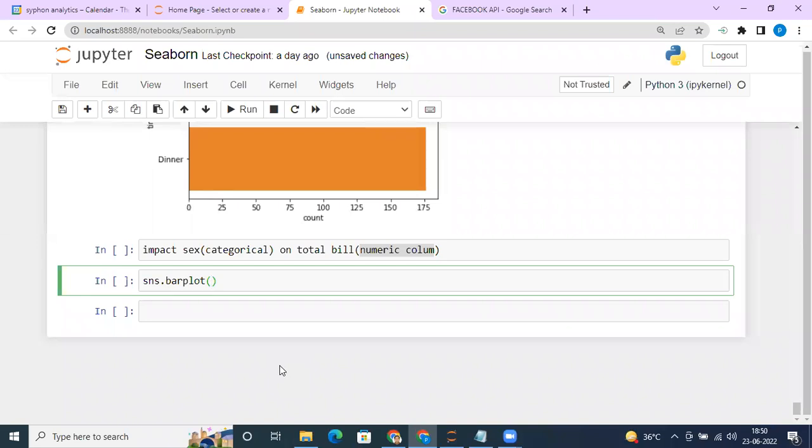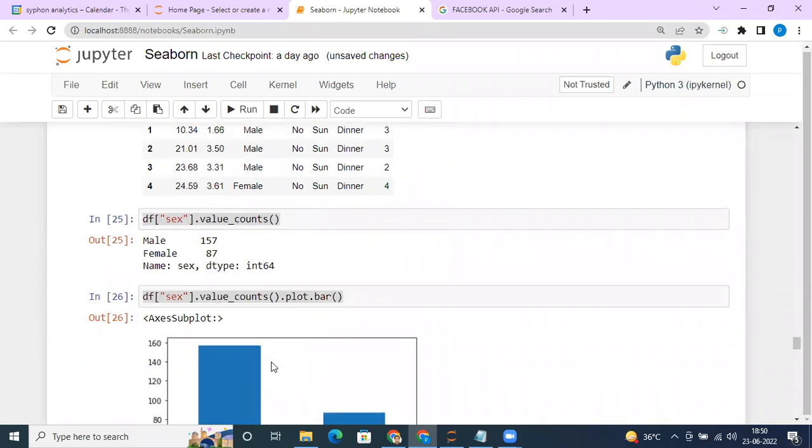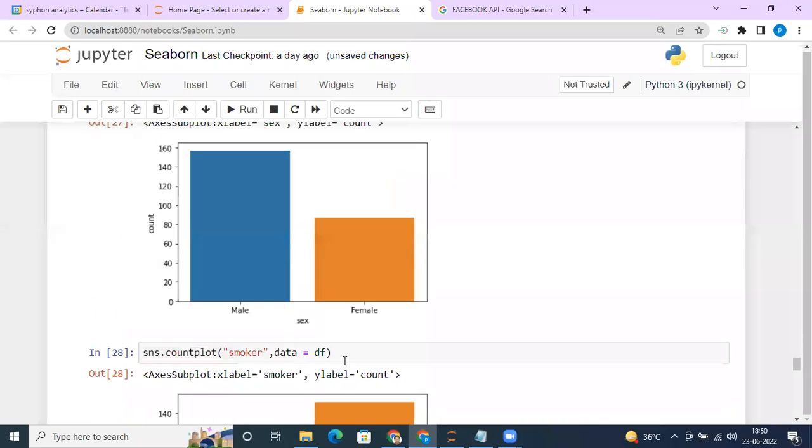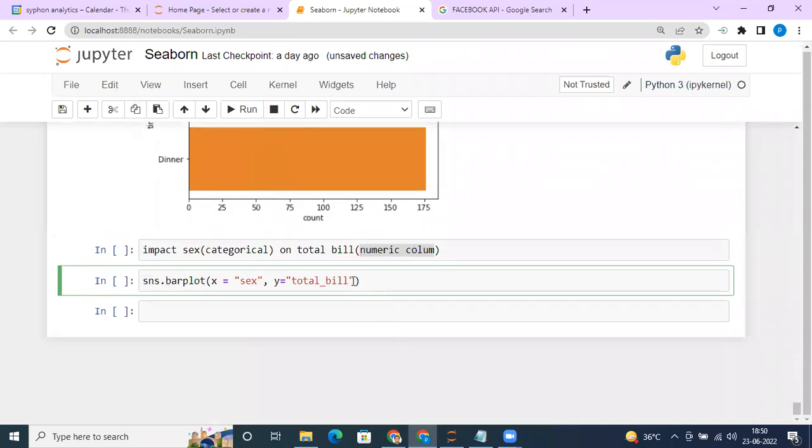Suppose I mention on the x-axis the sex column, and on the y-axis total_bill. Let me verify the name. Yeah, total_bill will be fine. And data should be df.